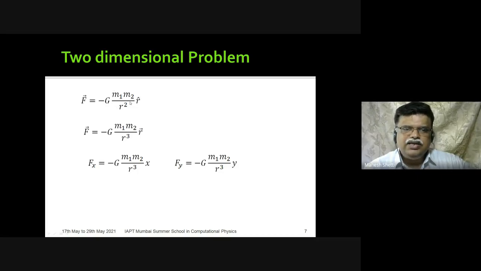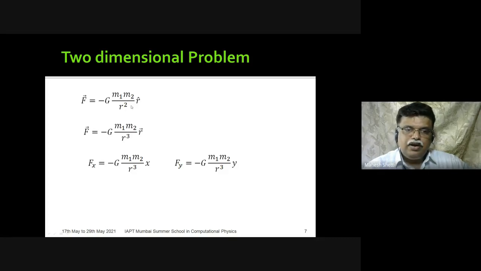Okay, G m1 m2, depending on the situation, you may take it as one entire thing and accordingly work, or you may substitute. Suppose you want to work only in SI system of units, then you may put the value of G as 6.67 times 10 to the minus 11. Then the masses M1 and M2, the planetary mass, like for Earth it is about 6 into 10 to the 24, Sun about 2 into 10 to the 30, and so on. You may do that. But we are more interested in how to write this.